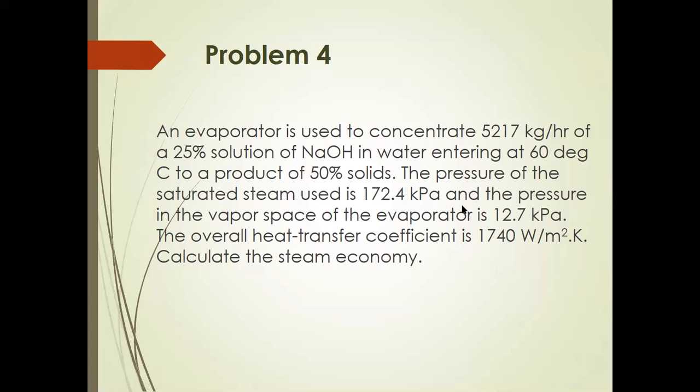The pressure of the saturated steam being used as heating medium is 172.4 kilopascal, and the pressure in the vapor space of the evaporator is 12.7 kilopascal. So you have to be ready with your steam table so you can get later on the corresponding saturation temperature at this indicated pressure, the operating pressure of your evaporator. That's the pressure in the vapor space.